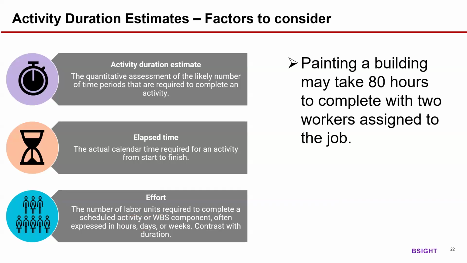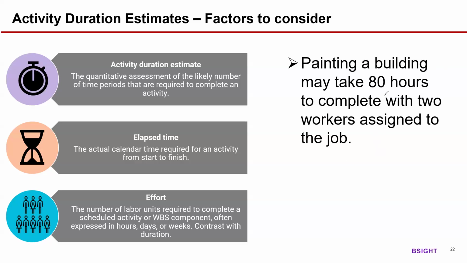In number of hours, what is the duration of the painting activity? 800? I think we added one more zero. Okay, 40, 80, 160. We have 3 answers: 80, 40, 60. Obviously, one of them is the right answer. So it says, painting a building may take 80 hours to complete.